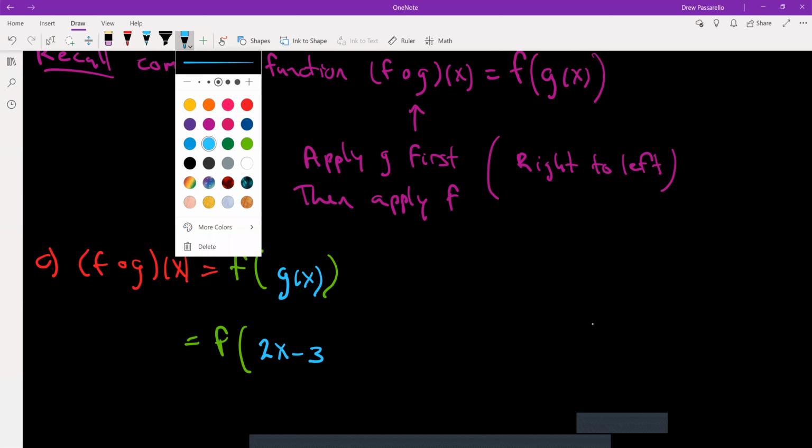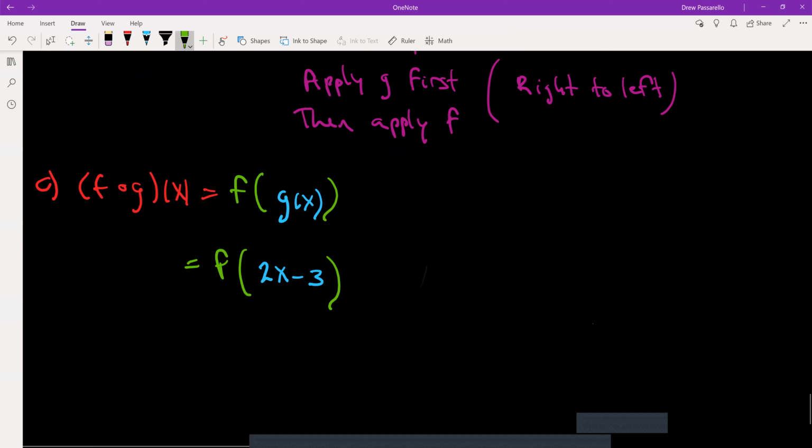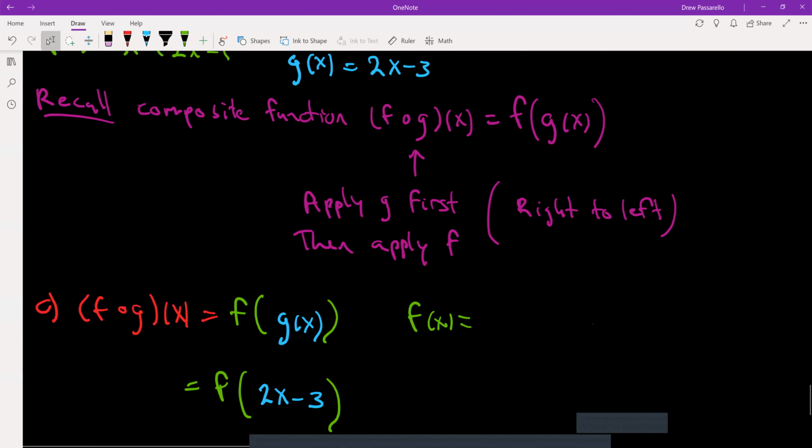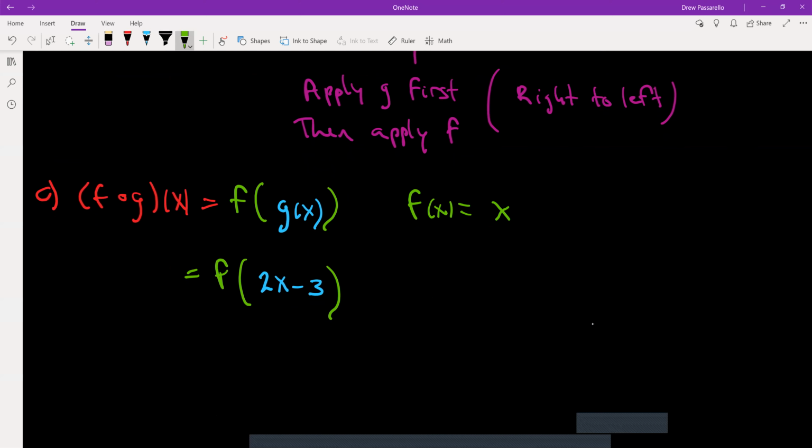All right, now I'm going to apply f, and I plug in 2x minus 3 in for x into the equation. So recall that f of x is x squared plus 2x minus 1. So wherever I see x, I'm plugging in 2x minus 3.